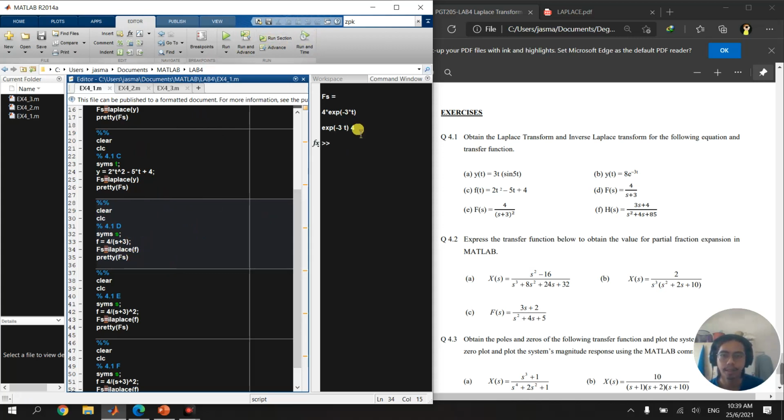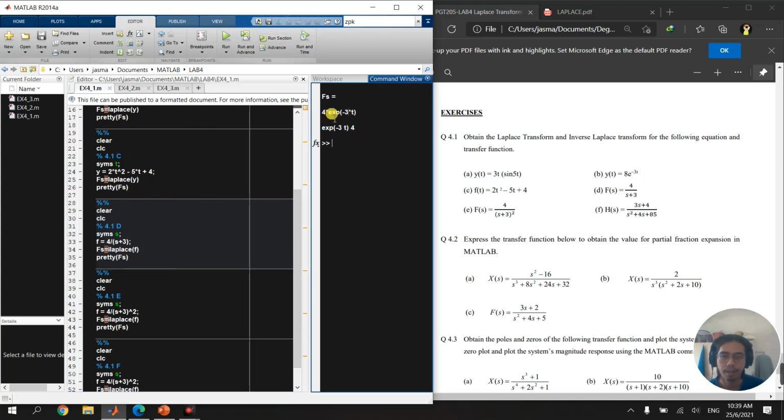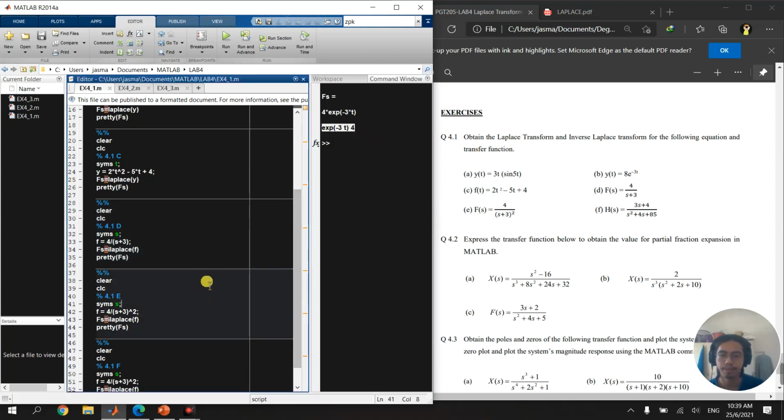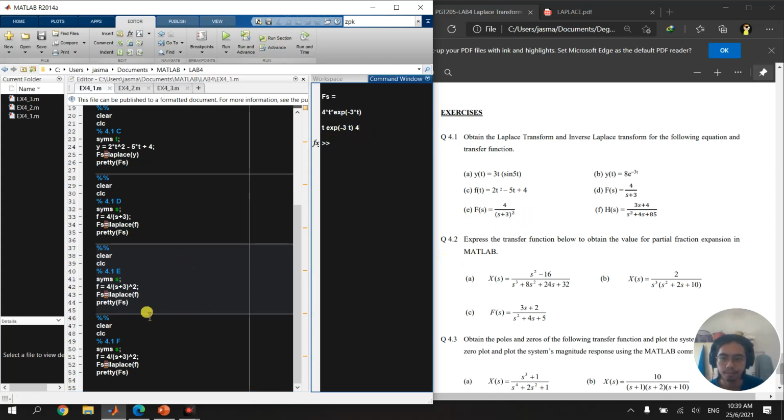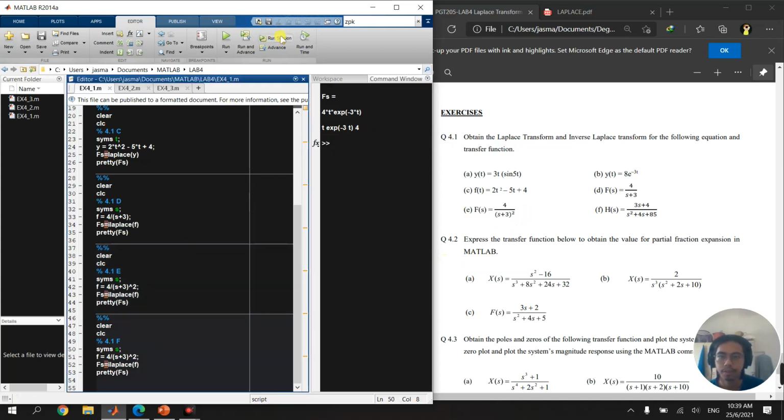So we run the equation and we get 4 times exponent, and pretty will arrange it to look easier for us to read. Question E is also the same, which is 4 over s plus 3 squared, and in the section we get the equation, and f is also the same.